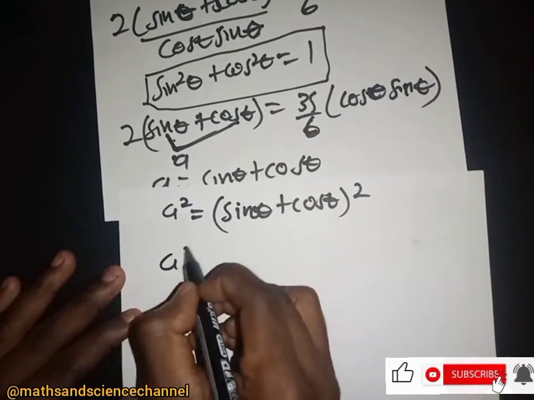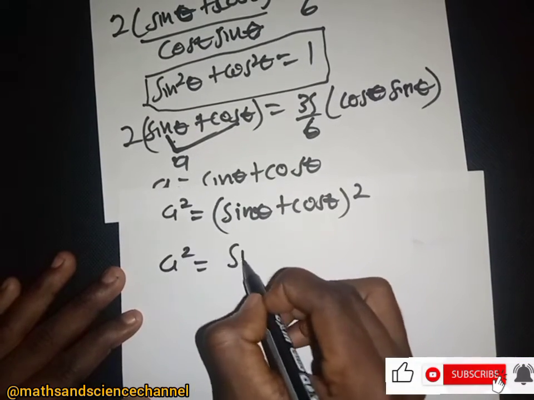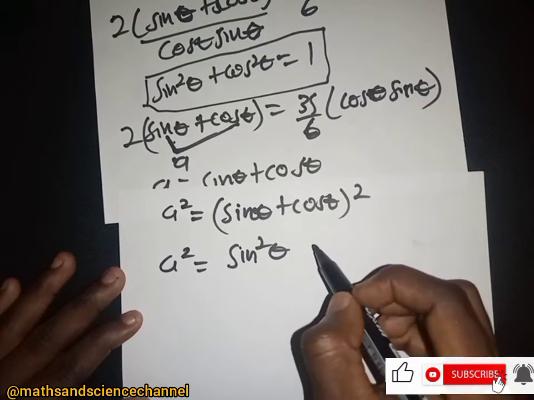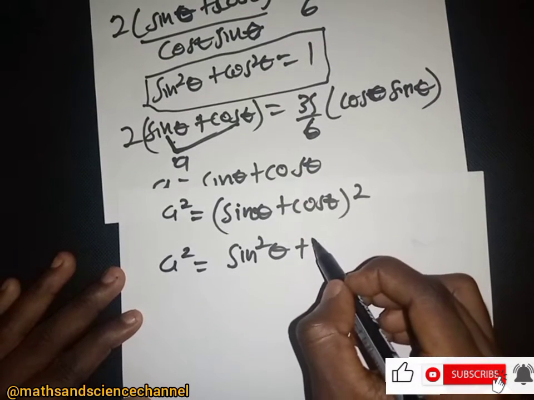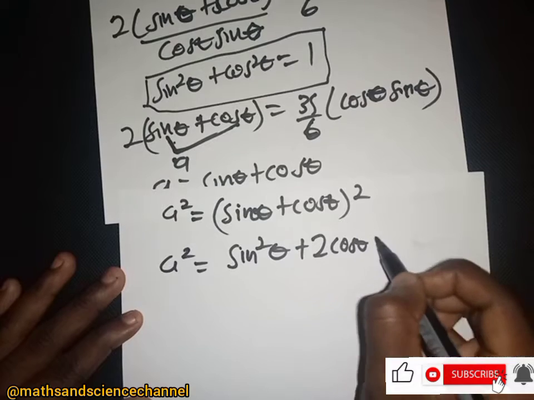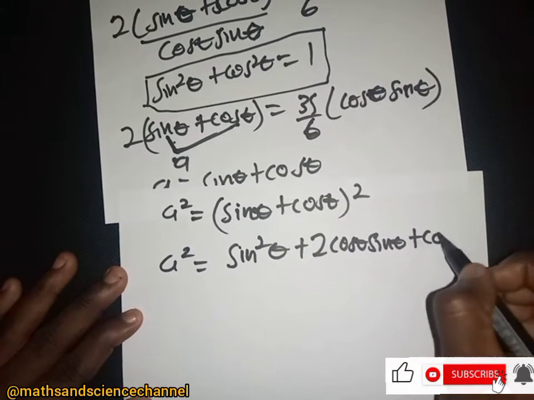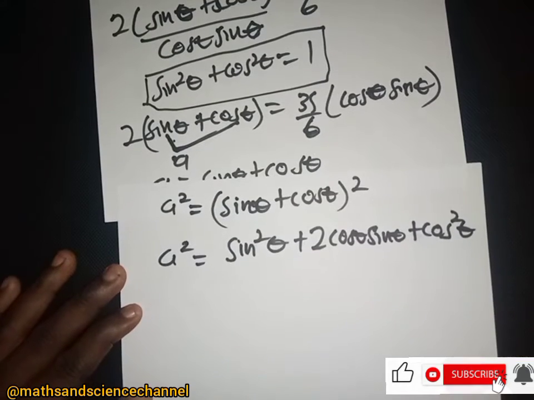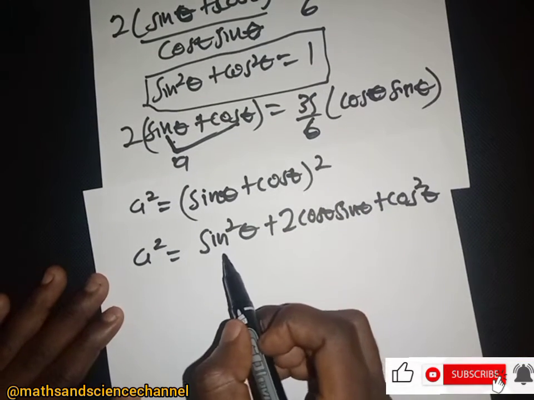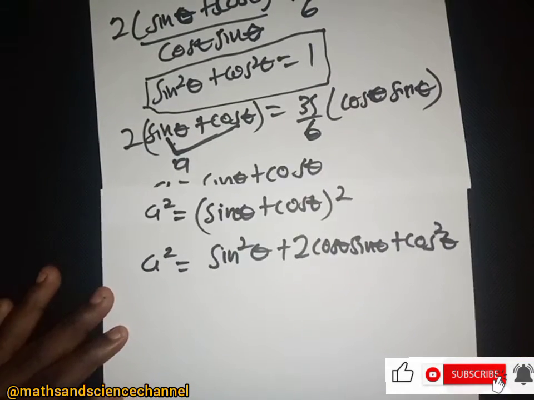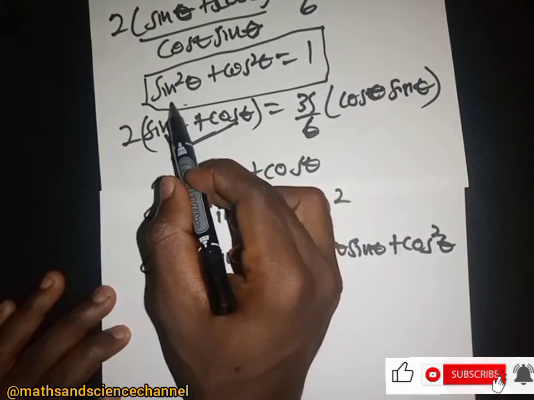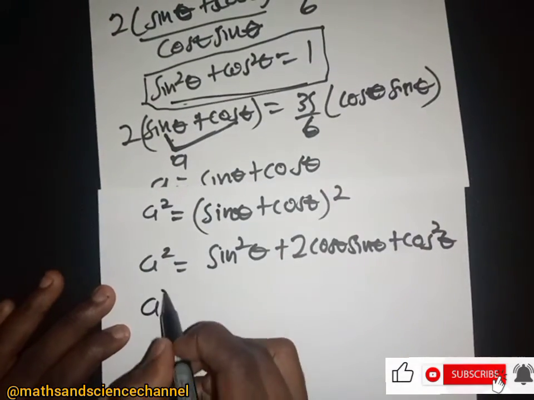So let's simplify this. We are just going to get sin squared theta plus 2 cos theta sin theta, then also cos squared theta. Since we wrote this over here, let's put them together here.